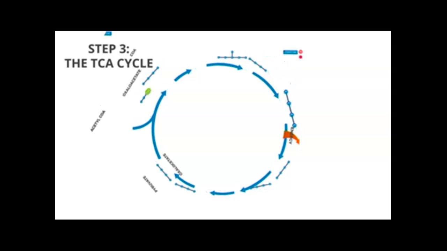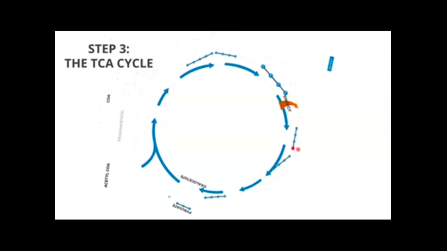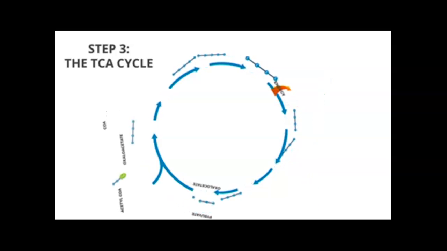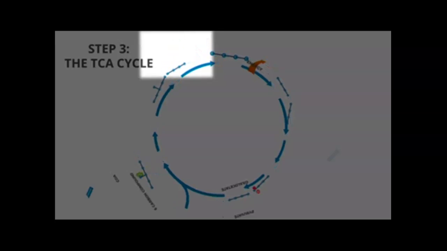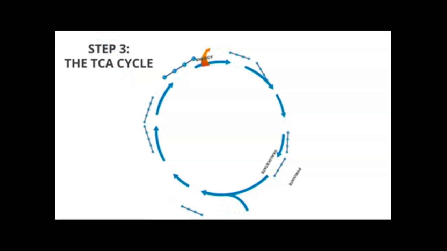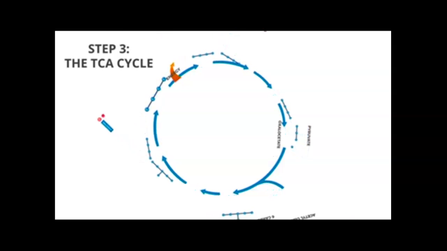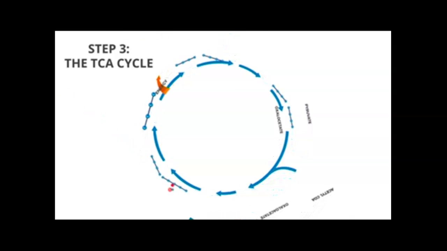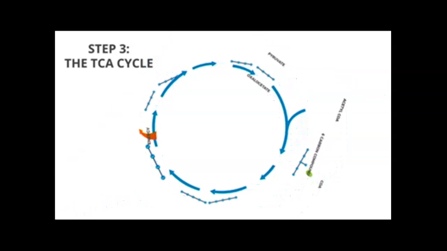Most instructors, in fact, don't care that you memorize the intricate details of these steps at this level of nutrition. What I do want you to notice is that lots of the hydrogen gets plucked off in this step. Here's a hydrogen being plucked off. Here's one, here's another, here's another. So a series of hydrogens are plucked off, and each of those can be used in the final step to make lots of ATP for us. Next, I want you to notice that a small amount of energy, or ATP, is also made here. So some ATP is made directly.